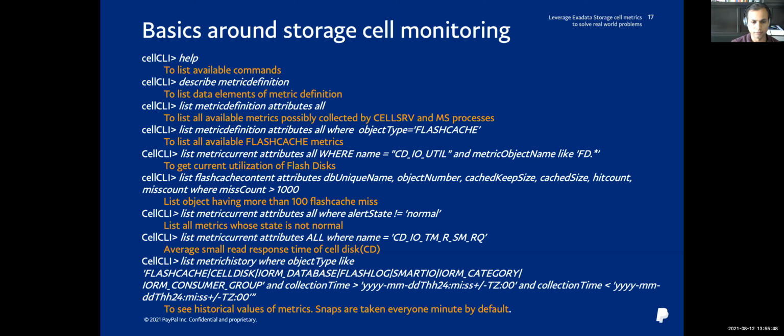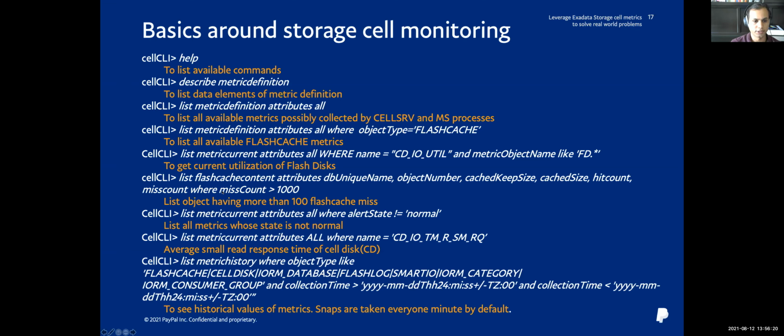Unfortunately, PMEM is very new, so maybe fewer than 5 metrics are getting collected about PMEM. I'm hoping that Oracle will add more and more in future releases, so that we get the same kind of visibility into the PMEM area as well, because the scope of PMEM is also getting expanded within Exadata.